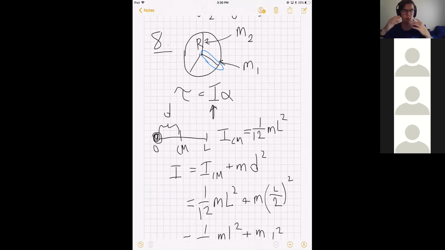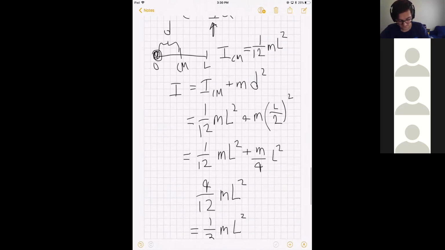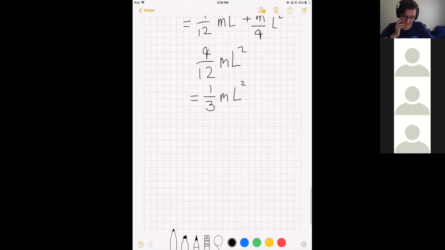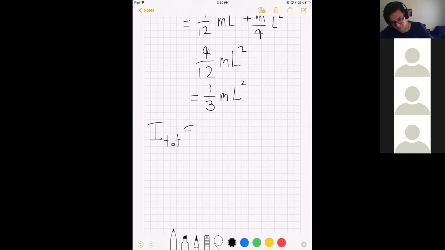Because remember, the whole wheel is made up of all these individual parts, but moments of inertia add together nicely. So I total is the moment of inertia due to a hoop, which is given on your equation sheet, m1 r squared, plus 3 times the moment of inertia of each individual rod.